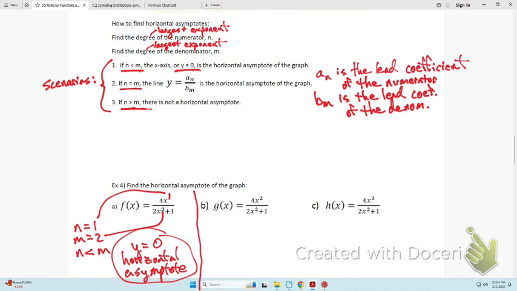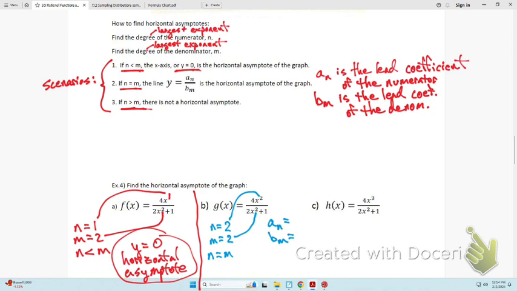For question B, let me change colors. N is 2 because of that 2 right there. M is also 2 because of that 2. So n is the same as m. That's scenario number 2. That's where you find a sub n and b sub m.